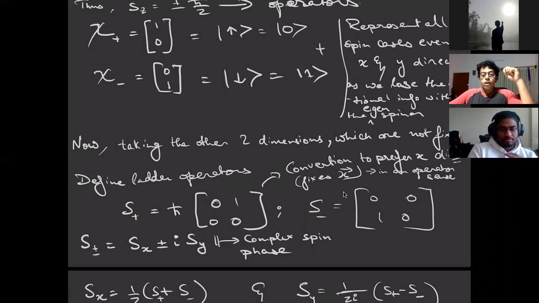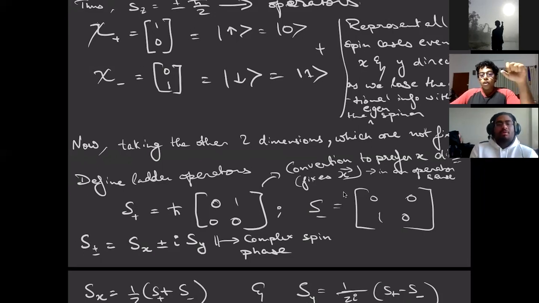It is not exactly like along that particular direction, but you need to do some sort of a rotation in order to land up with a spin along the x or the y axis. So that is represented by these matrices, right?